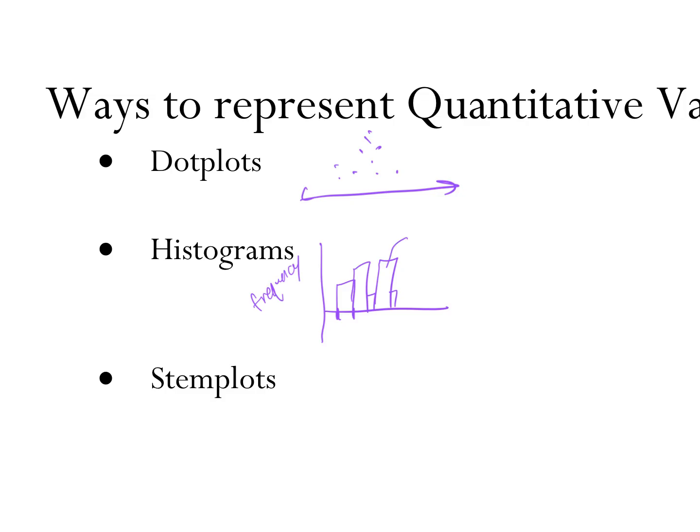We call each of the bars a bin. We say how many values are in each bin. Each bin should be about the same width. Okay? Typically, if that bin goes from 1 to 3, it's really 1 to 2.9999999, etc. The lower boundary is included, the upper boundary is not. Okay?